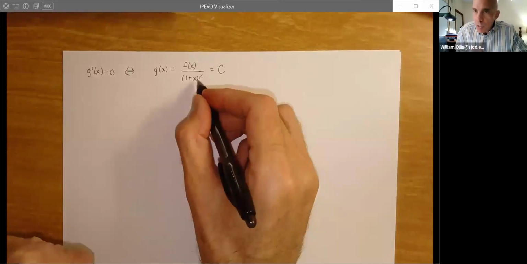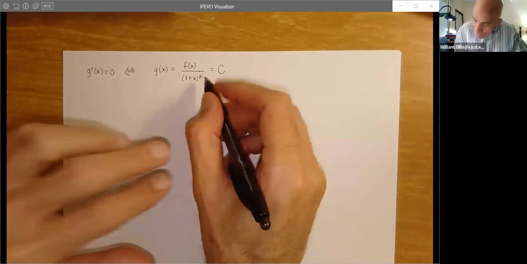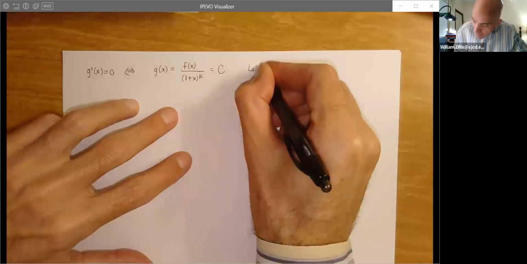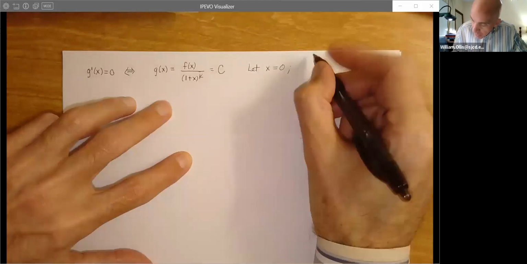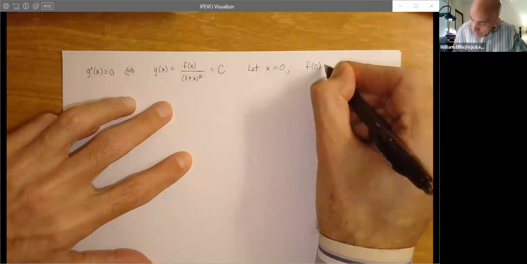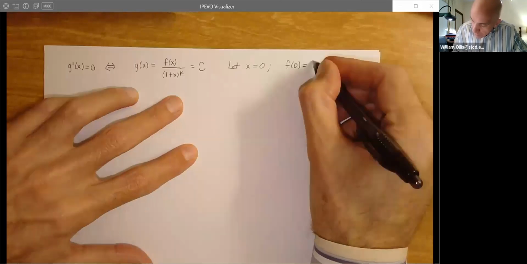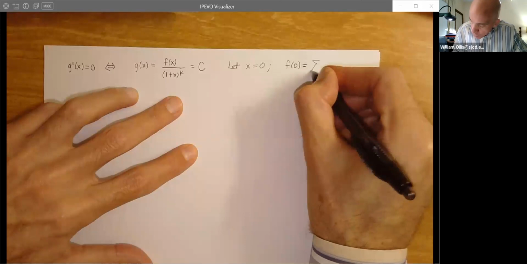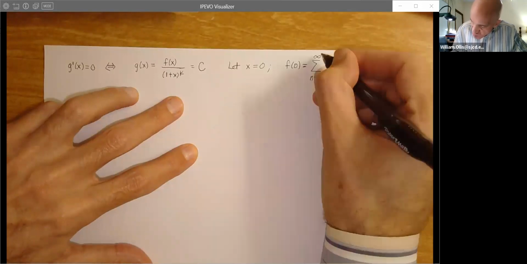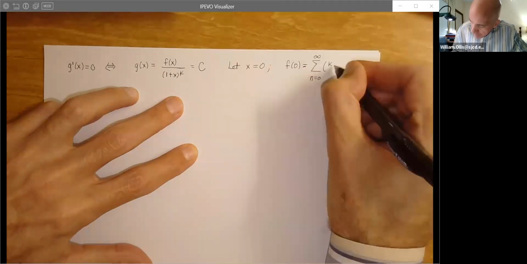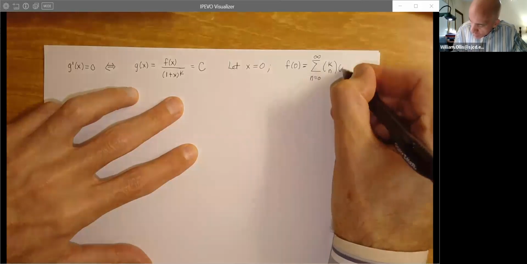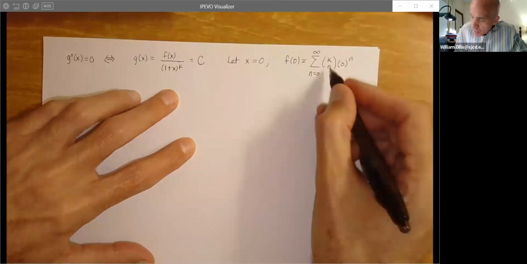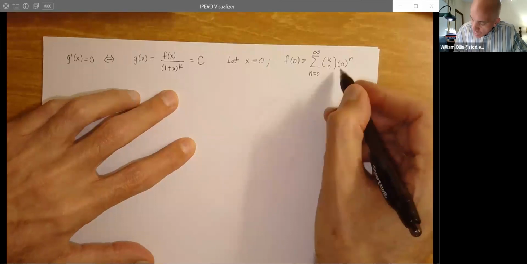So now, if you will, just to make it simple, we can pick a simple value in the interval of convergence. We know it works for 0. So let x equal 0. And f of 0, well, let's just look at it. This will be the sum from n equals 0 to infinity of k choose n, 0 to the n. But notice this is the 0 term, so this is just 1.